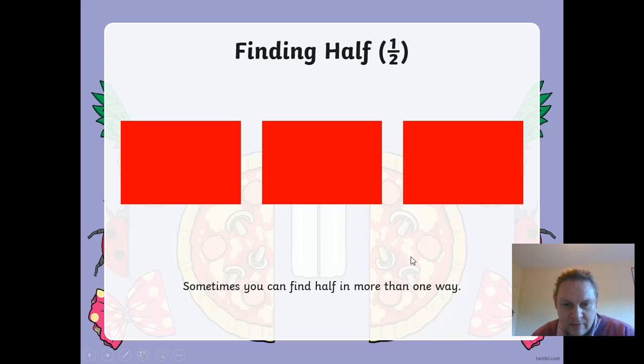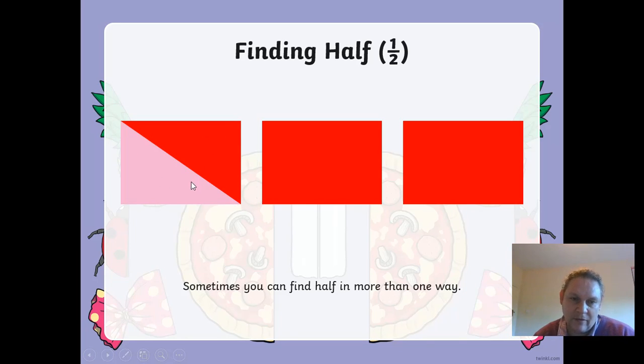Finding half of these shapes. Sometimes you can find half in more than one way. So we could divide these in half in different ways. Because of the shape, it allows us to divide it up into two halves equally in different ways. So let's see how that can be done. We've got a diagonal line, okay? Two exactly equal pieces there. So that's fine.